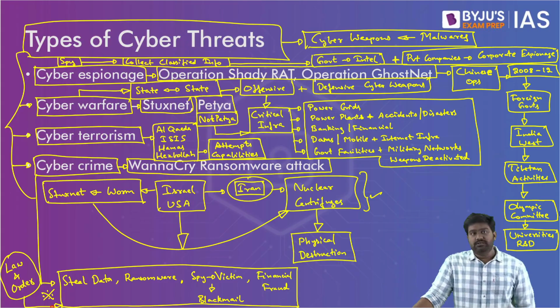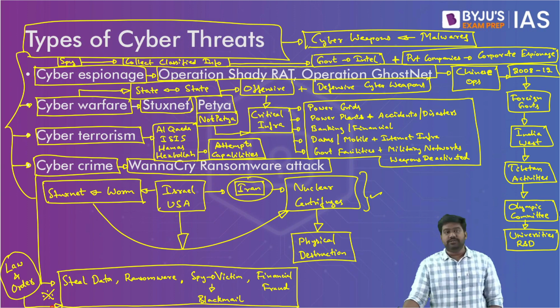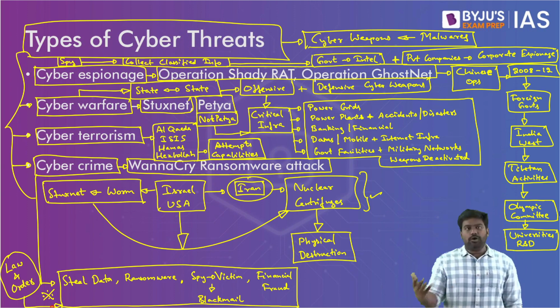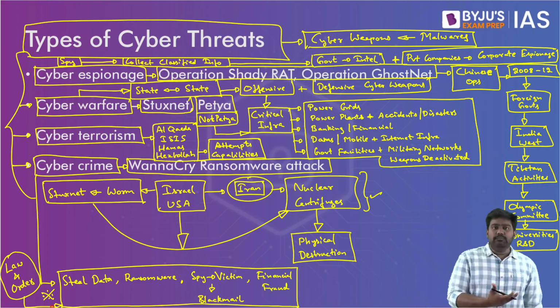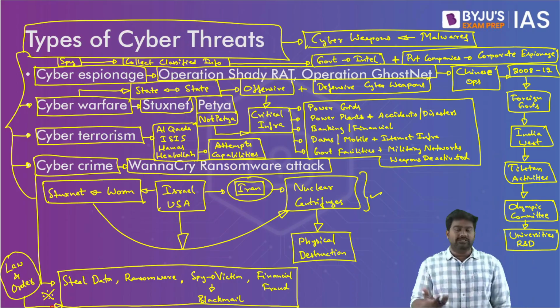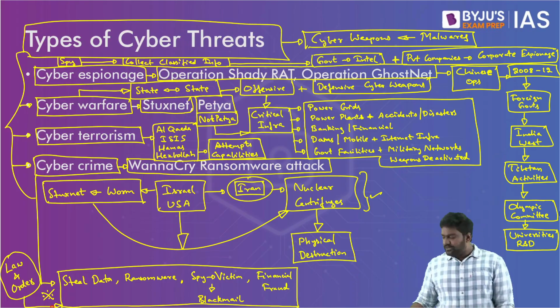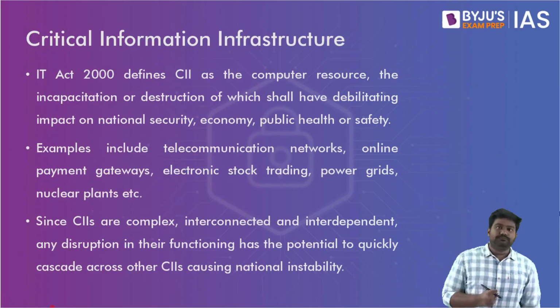But the others are a national security threat. Cyber espionage, warfare, and terrorism are national security concerns. Regular cyber crimes, the frauds targeting normal citizens, are mainly law and order problems. So these are the different types of cyber threats that exist.